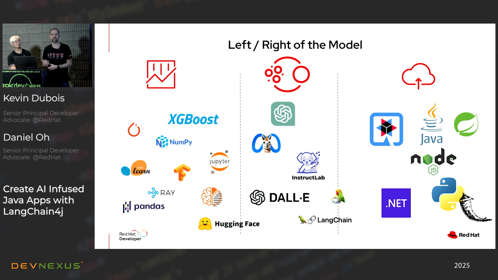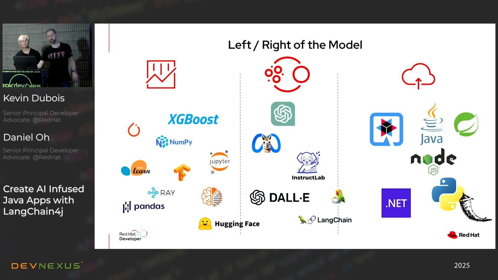To actually create AI models, you probably will be using Python. But that's just a little part of AI. Developing and training models is very specific for people who are trained on that, data scientists and AI experts. They create those models, but where it really becomes interesting is how we can use those models. And that's where we bring value to the organizations. So that's where I see the right of the model is where you actually use those models.